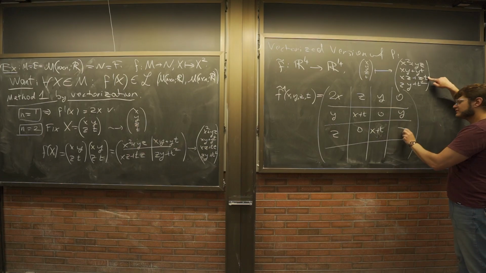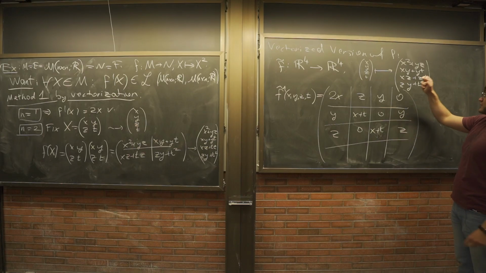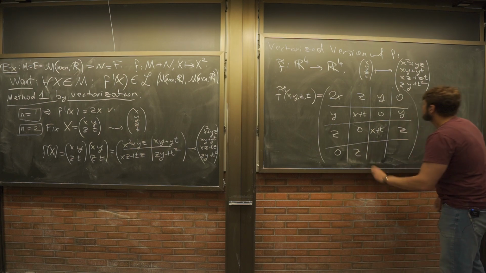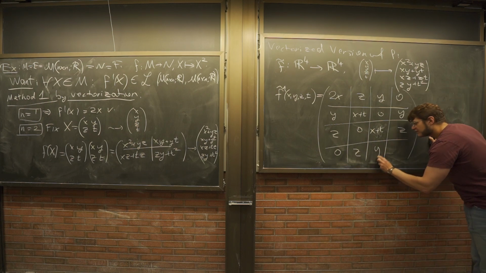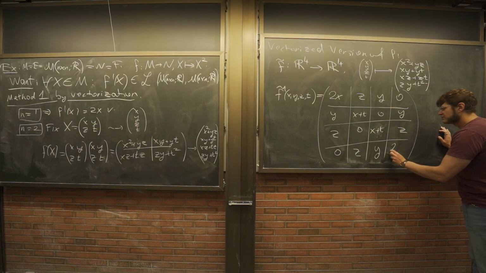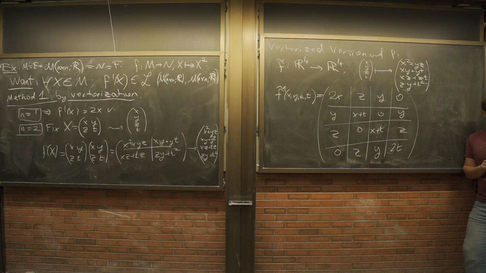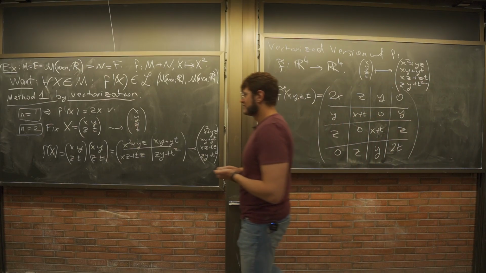T partial is Z. OK. X partial is 0. Y partial is Z. Z partial is Y. T partial is 2T. Does this match with your calculations? OK. So this is the derivative.